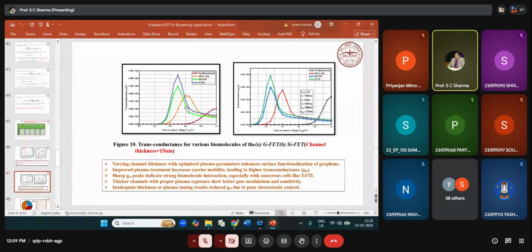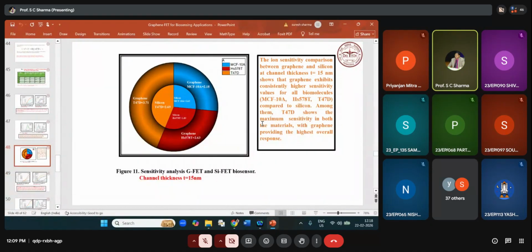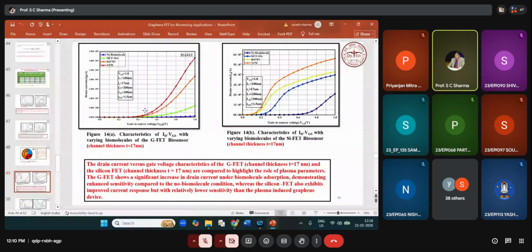Again, the same results. This is in fact graphene based, this is silicon based. Then we have studied the sensitivity for graphene based and for silicon based. Of course, graphene based results are better.